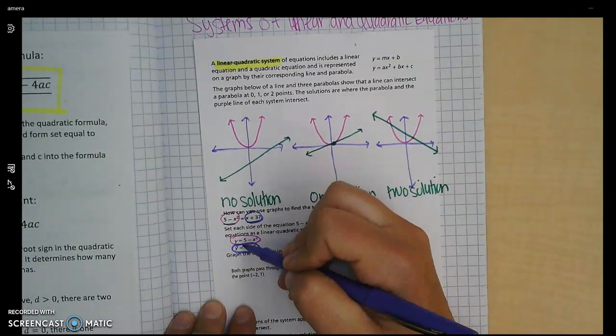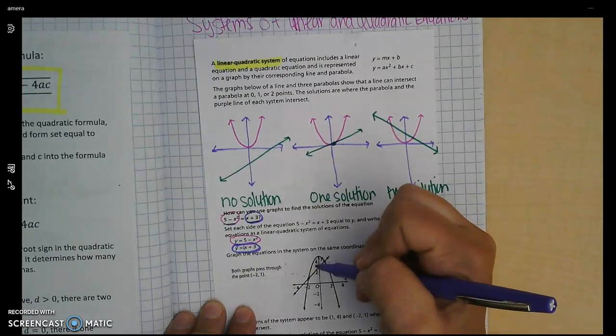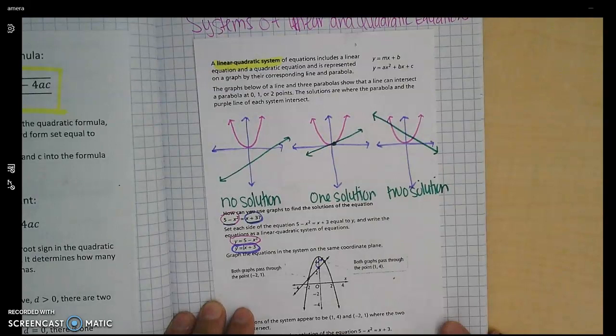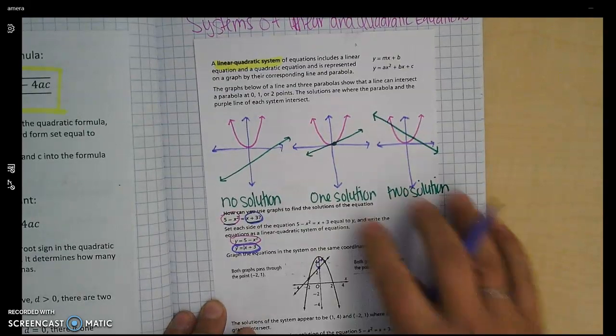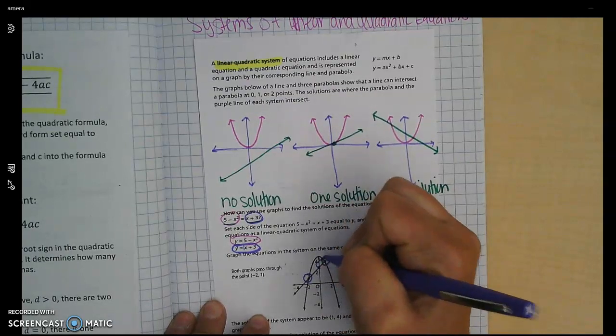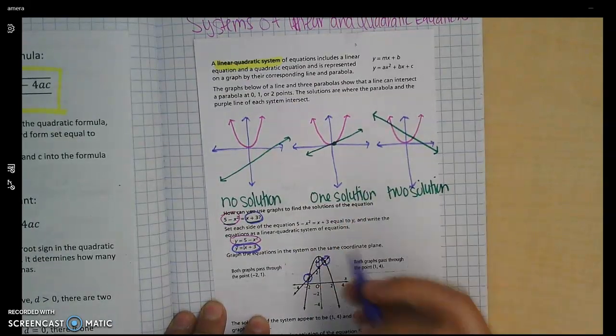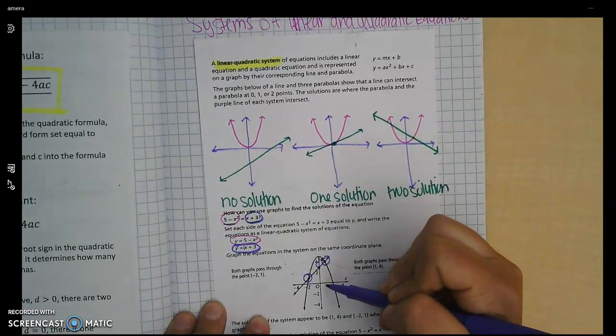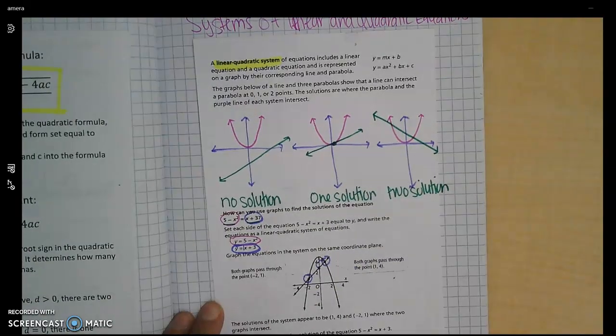Since this doesn't have a coefficient, it has that invisible 1, which means our slope is 1 over 1. Connect the points. Once I've graphed it, I can visualize where they intersect. You can see that they both pass through the point (-2, 1), and also through (1, 4).